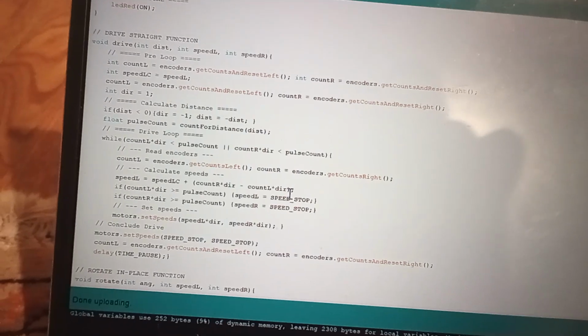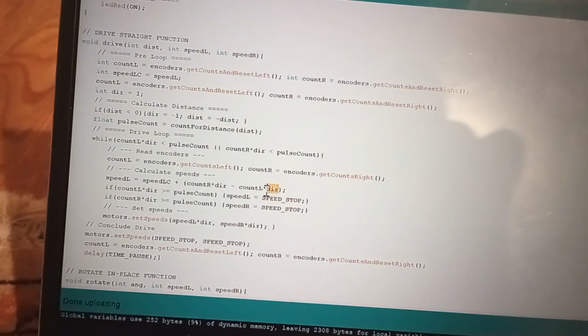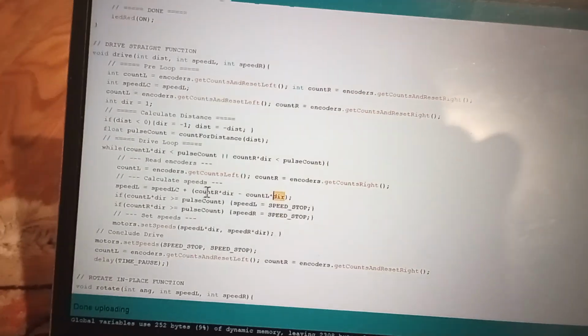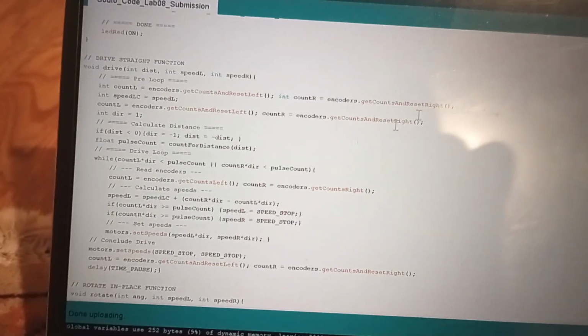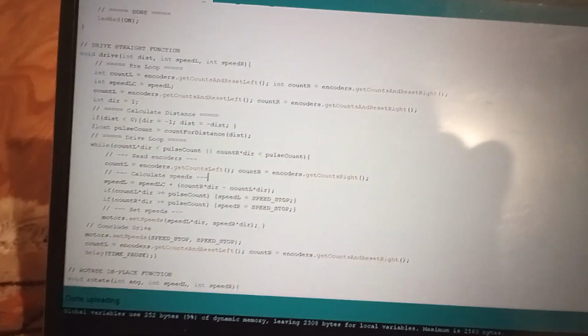Then the now negative direction will make several things negative, so it allows it to drive negative, which is backwards or counterclockwise.